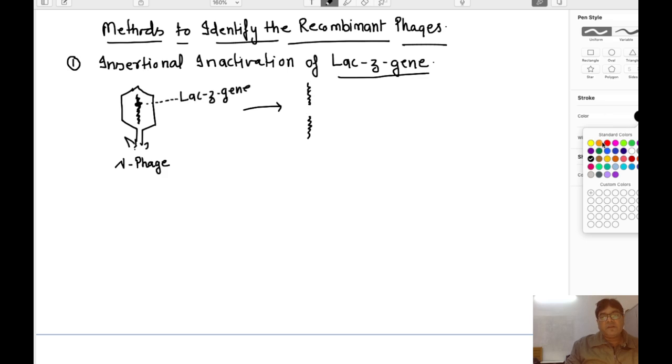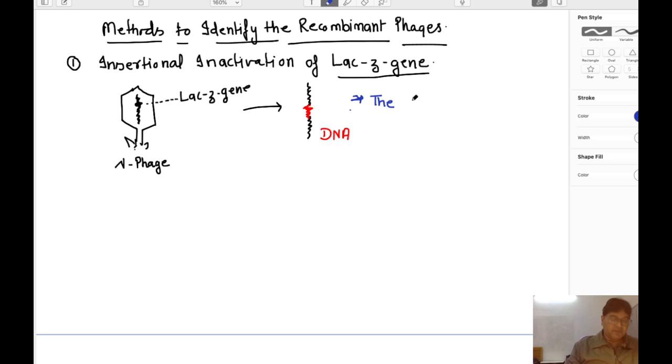And then we insert the gene of interest in between the lacZ gene. All right. So we say that this is the DNA. This is fresh DNA which has been formed, and here we have inactivated the lacZ gene. So we can write here the lacZ gene is inactivated.